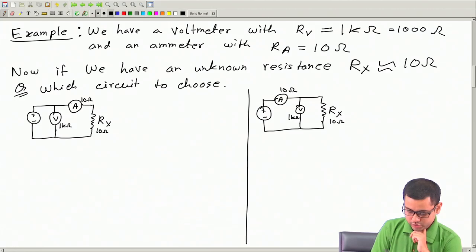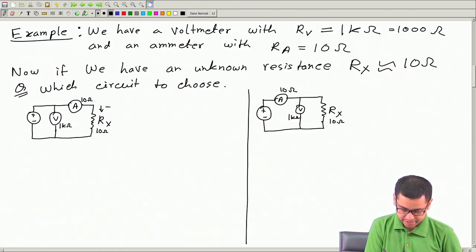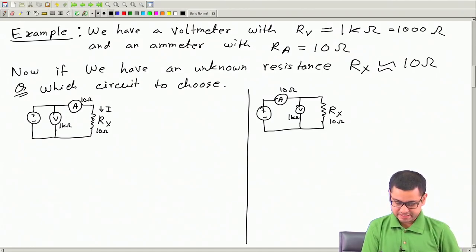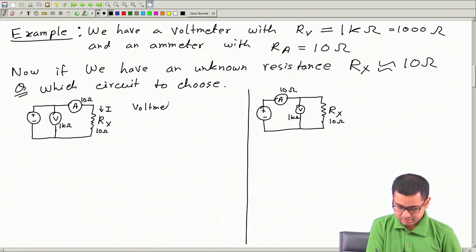Okay, now let's find out what will be the measured value of Rx in this circuit. Okay, so if we call this current as I, which is flowing through this resistance, then the voltmeter reading will be equal to the total voltage drop from here to here.